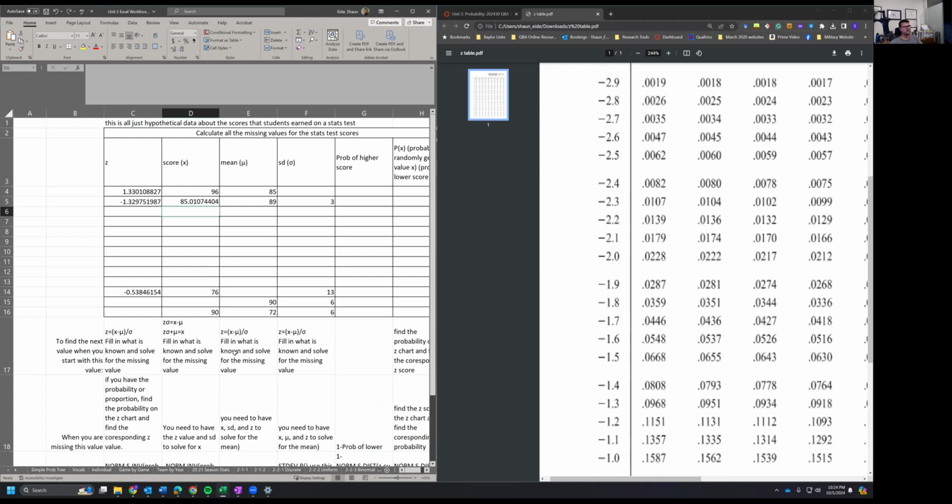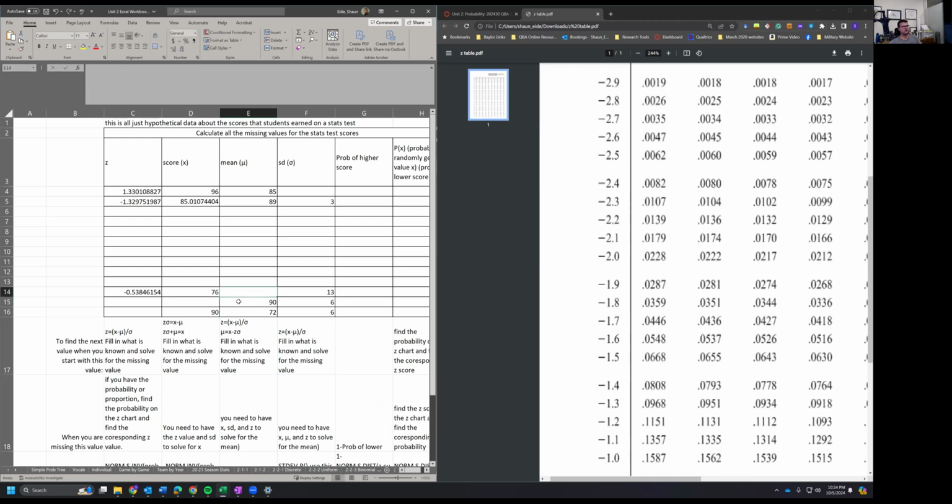How do we solve for just the mean? Once again, we just take this exactly how it is and subtract this from both sides. It's just rearranging the formula. So now we have the mean equals x minus z multiplied by the standard deviation.